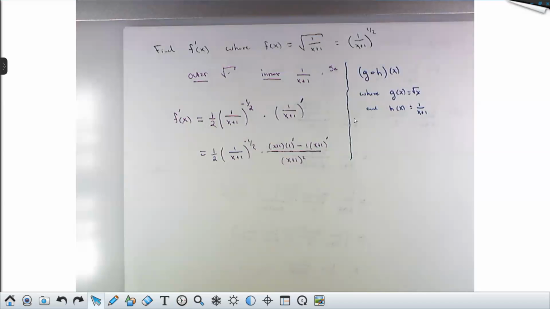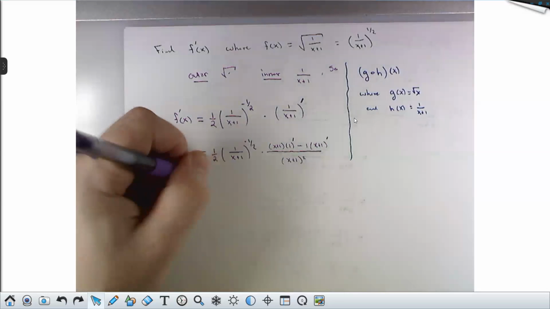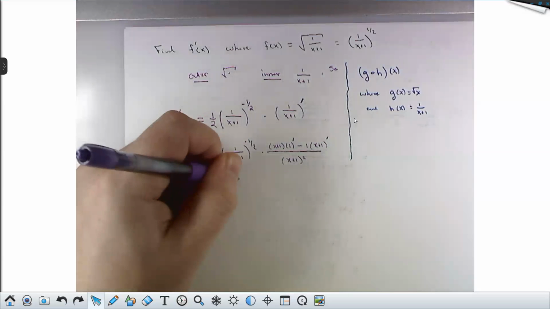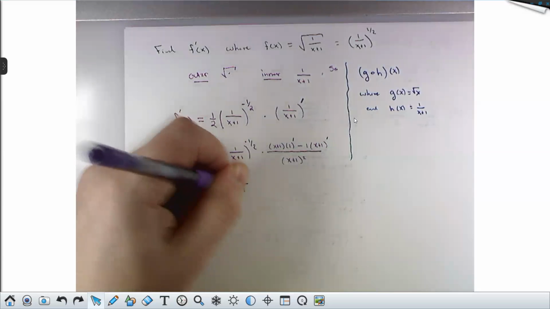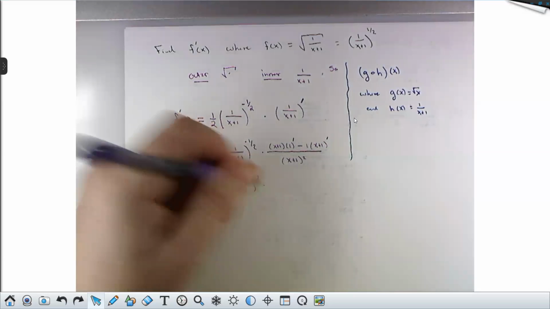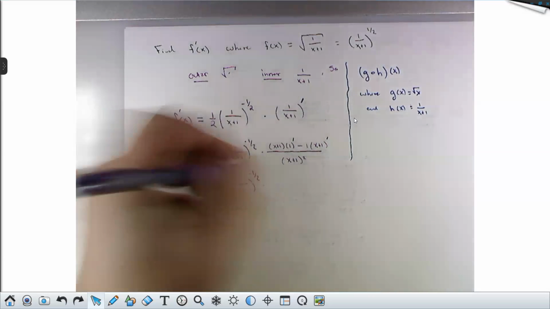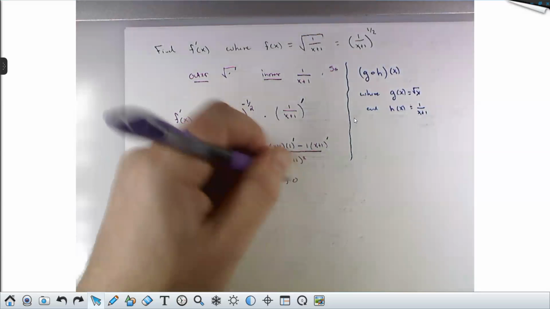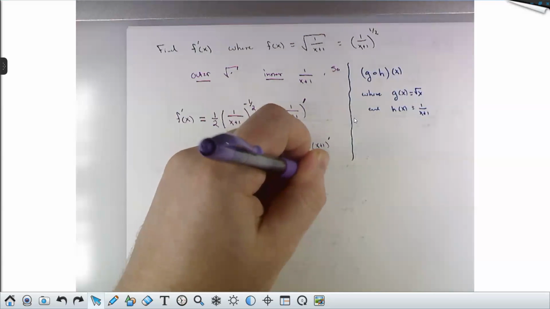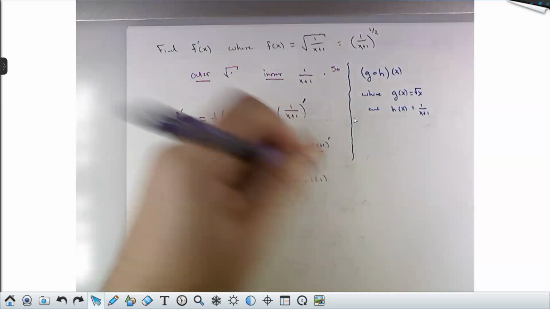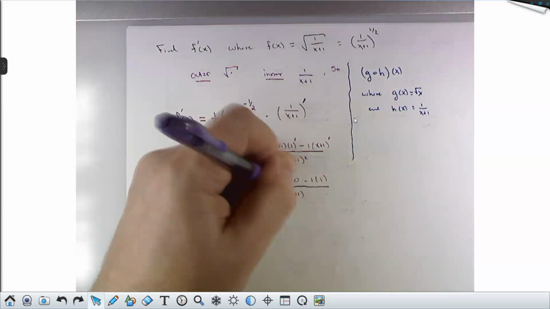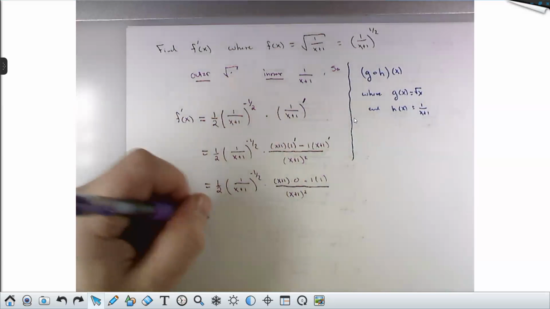So let's finish the calculation and then I'll discuss some alternate notations. So this piece would be 1/2, and I'll leave this as 1 over x plus 1 to the negative 1/2. The derivative of 1 here is 0, so this is x plus 1 times 0 minus 1 times the derivative of x plus 1 is just 1. Downstairs here I have x plus 1 quantity squared.